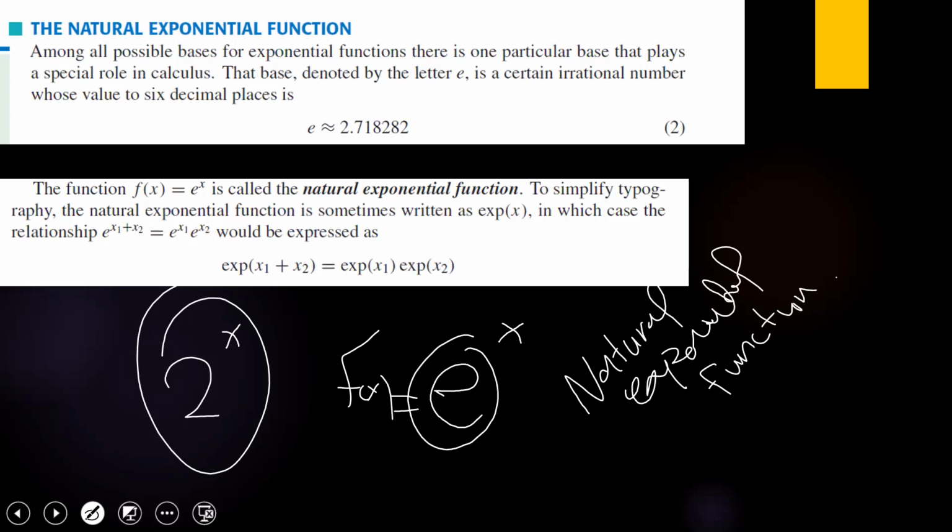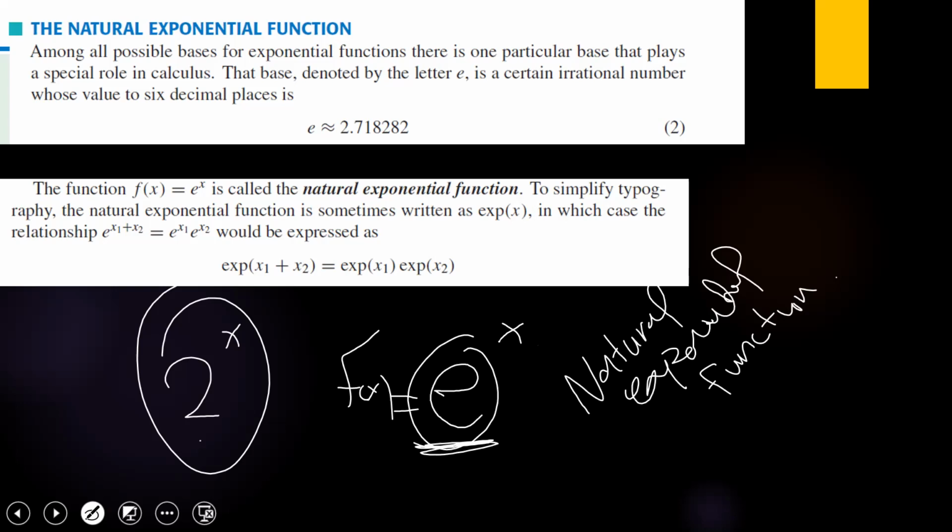If we have e to the power x, we call it a natural exponential function. Why do we say it's natural? Because here we have an e. We don't have a constant number. We have the letter e, which is an irrational number.